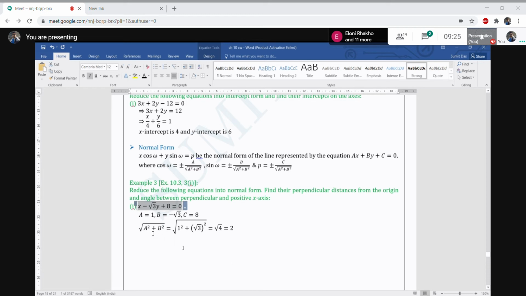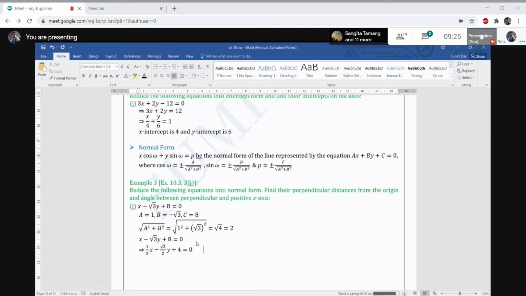Divide both sides by 2. It will be x by 2, or we can write like this: 1 by 2 into x minus square root of 3 by 2 into y plus 4 equal to 0.